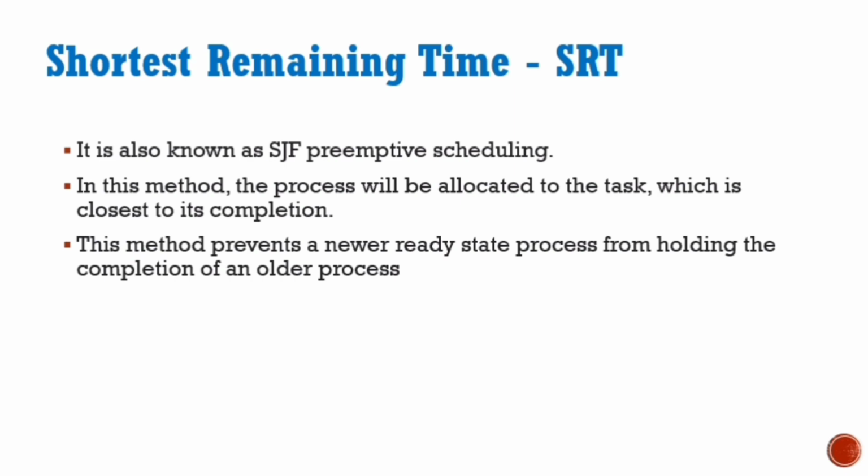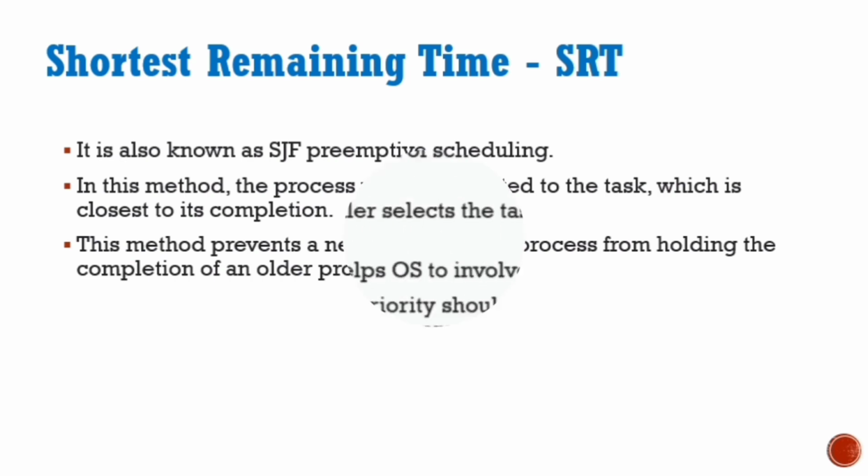So in those cases, this is not highly preferable, and usually SRT associates each process with the length of its next CPU burst, so that the operating system, which makes use of these lengths, is helped to schedule the process with the shortest possible time. So that is our second scheduling algorithm, which is shortest remaining time.